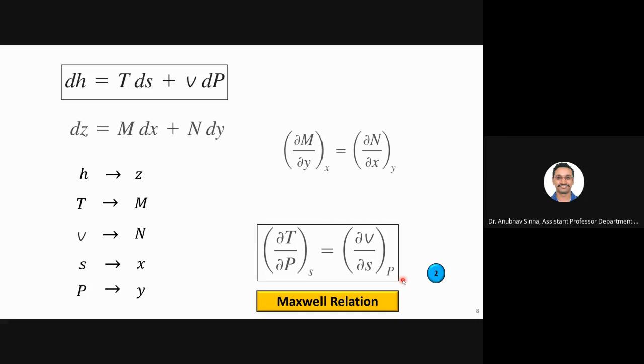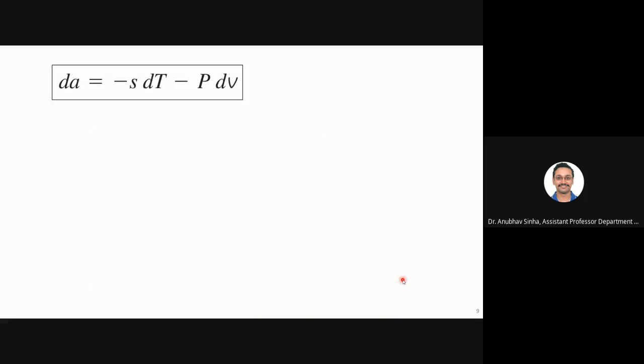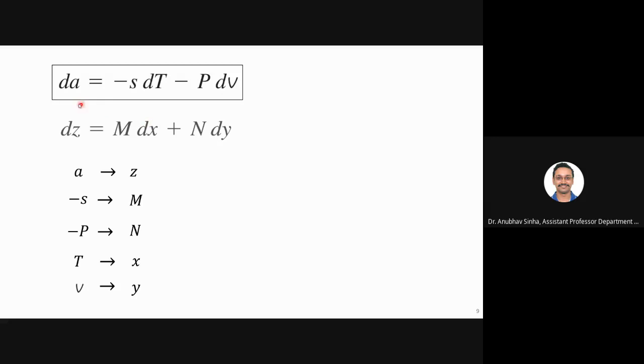Okay. Similarly, let us go to the third relation. So this is Gibbs' third relation. Now we use the same form, and when you map, you will see that A corresponds to z, minus S is corresponding to M, T is corresponding to x, and minus P corresponds to N, and y corresponds to V. This is what is written here.